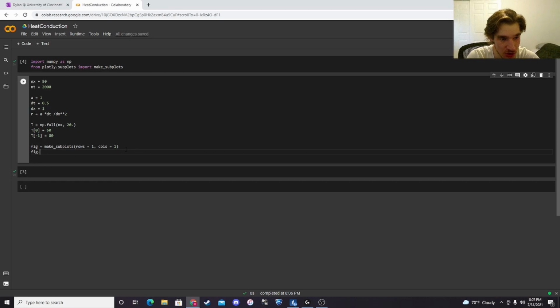Now that we have that, we want to take fig and add our first plot to it. To do that, we have to do add_scatter, I believe. And we need an x variable.